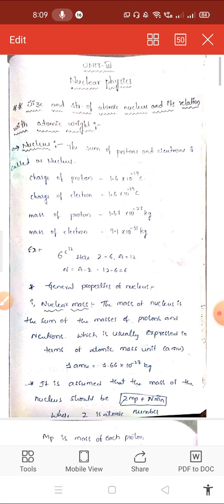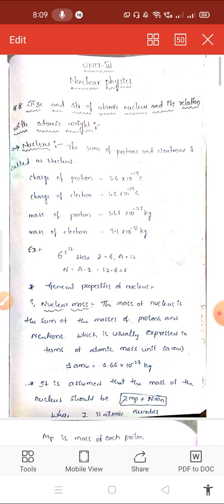First of all, as I already told you, a positively charged sphere situated at the core of the atom, very small in size, and the total mass of the atom is concentrated in this positive sphere. This is known as the nucleus.